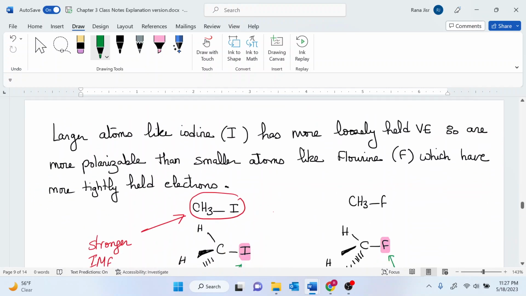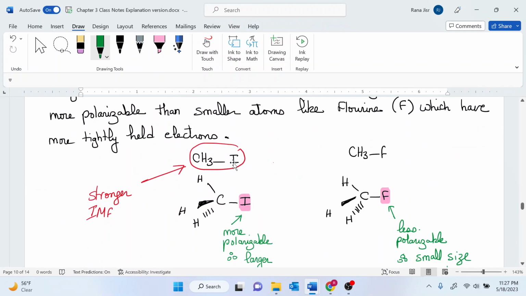So if we have two alkyl halides, like two CH3Is next to each other, or two CH3Fs next to each other, and you're asked which one has a stronger intermolecular force, you have to look at the size of the halogen. Iodine again is larger in size. It has a bigger electronic cloud.